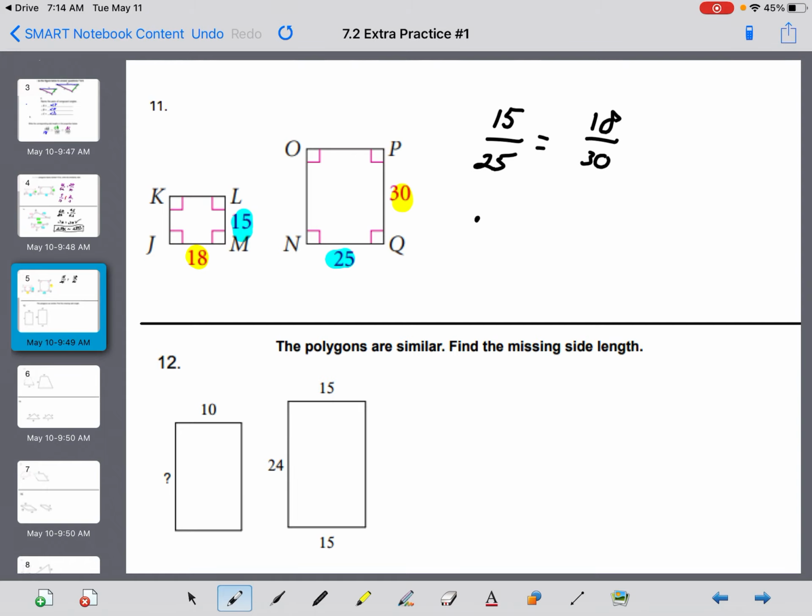Well, 15 divided by 25 is 0.6, and 18 divided by 30 is also 0.6. These are proportional. So what do we have to do? Quadrilateral JKLM is similar to quadrilateral NOPQ.